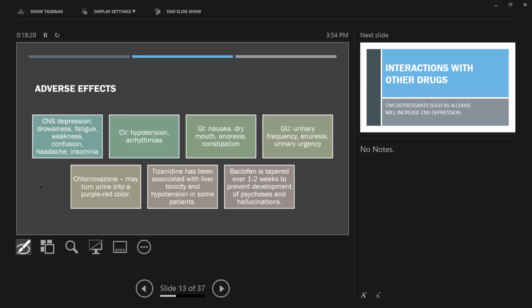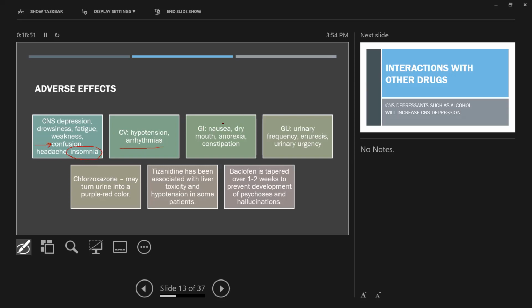Adverse effects include, first and foremost, drowsiness, fatigue, weakness. In elderly patients, confusion is common, not very common at all in younger patients. And then headache and insomnia, albeit these drugs can actually help you sleep, but long-term use can actually bring insomnia. They can cause hypotension and arrhythmias in some patients.